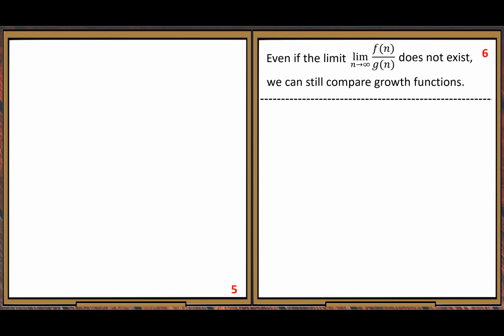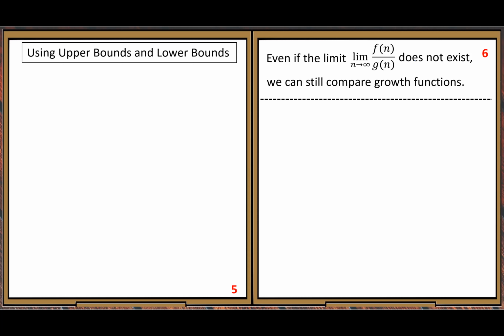Now we get to this case we need to answer, all right? The limit does not exist. But we want to compare how the method is using upper bounds and lower bounds for comparison. Upper bounds, lower bounds.